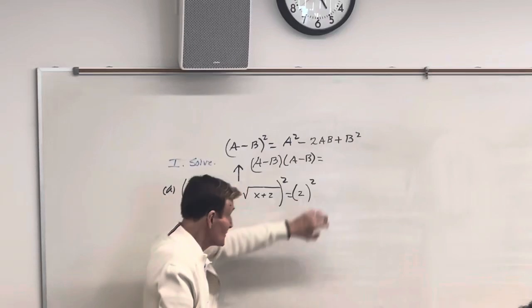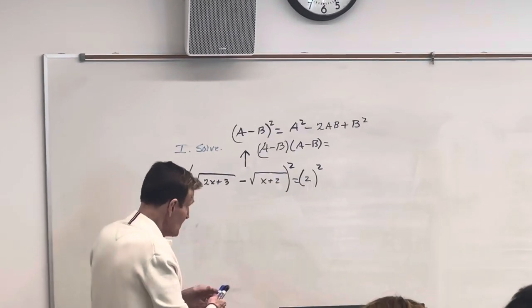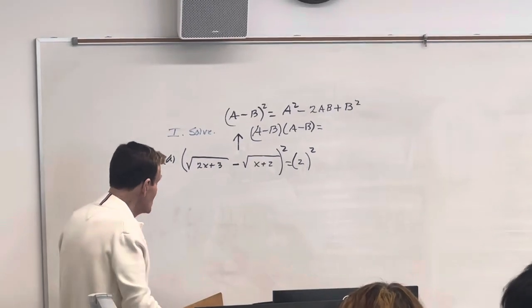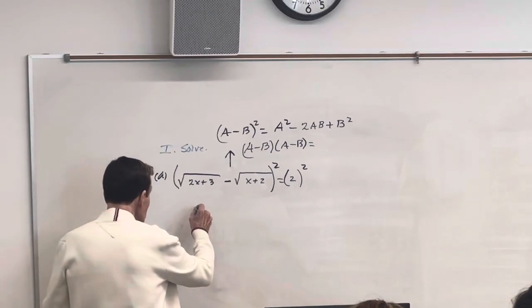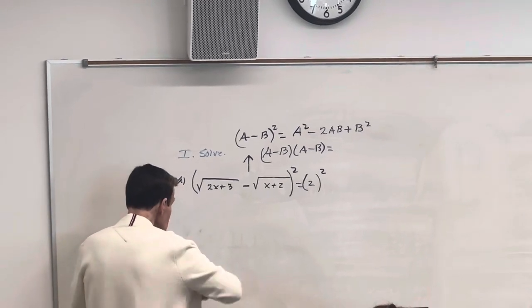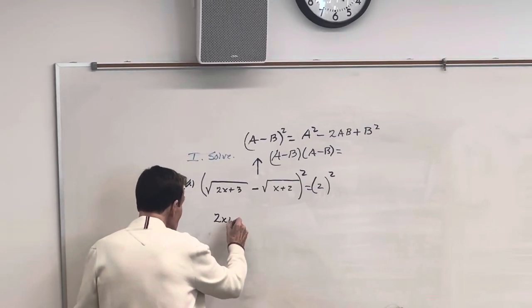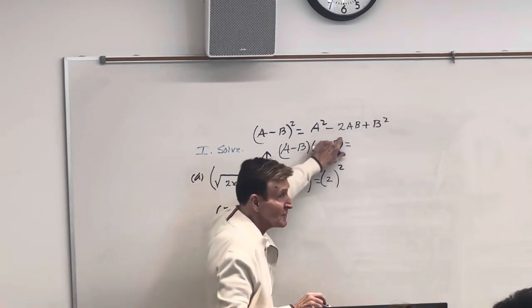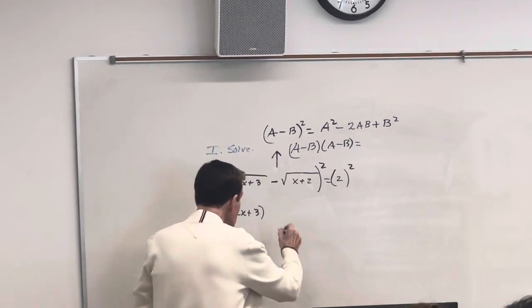If you apply this to my problem, can someone tell me what that left-hand side looks like? 2x plus 3. Hang on, 2x plus 3. Actually, it's in C. 2x plus 3 minus 2. Hang on. Okay, 2x plus 3. Now I need this. Yeah, minus 2. Thank you.